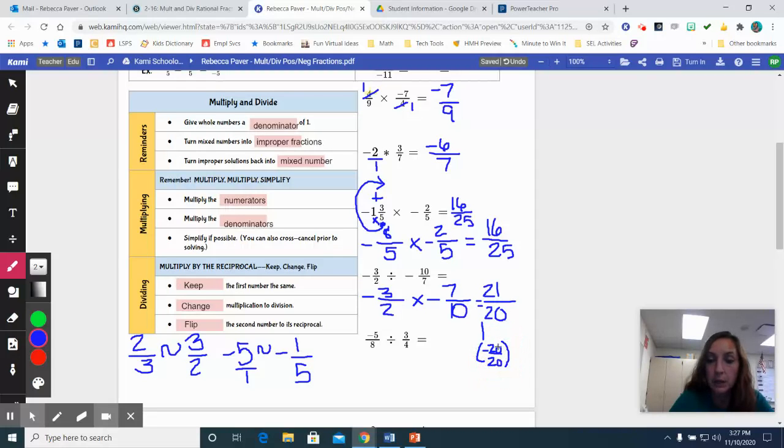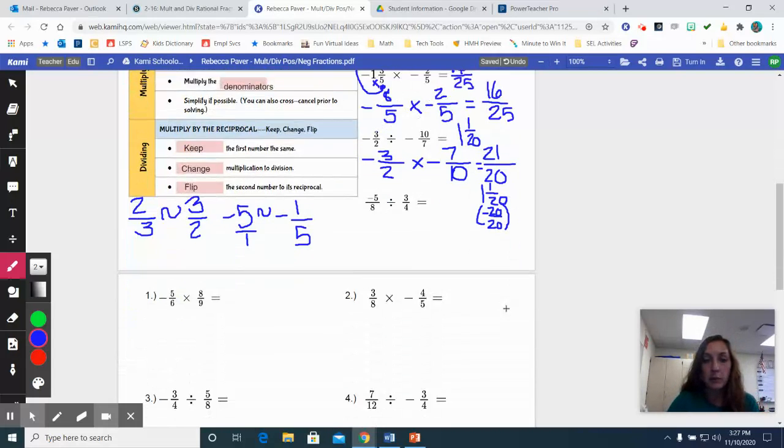I used up 20 20ths from the original 21 20ths that I had to start. So 21 minus 20 is 1, and the denominator does not change. So I'll put my answer 1 and 1/20th up here in that space so that I can check it easier.